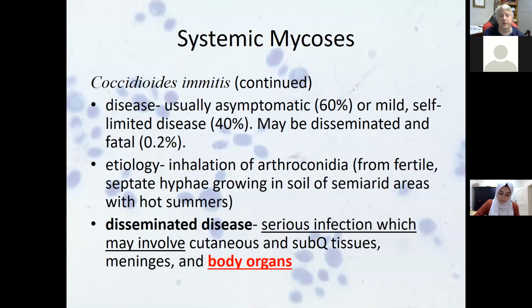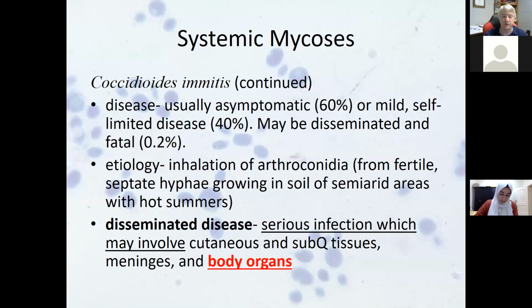So with Coccidioides immitis, we have a disease that is usually asymptomatic in 60%, self-limiting in 40%, and maybe disseminated and fatal in 0.2%. Infection is by inhalation of the arthroconidia from fertile septate hyphae growing in the soil.